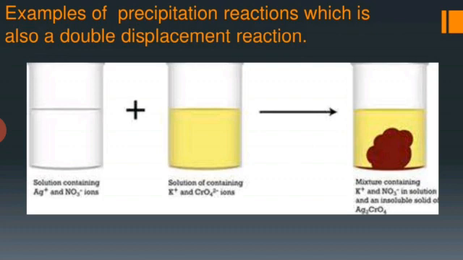Common examples of precipitation reaction: we have taken silver nitrate plus potassium carbonate, and they are reacting and a new product is formed which has a precipitate.